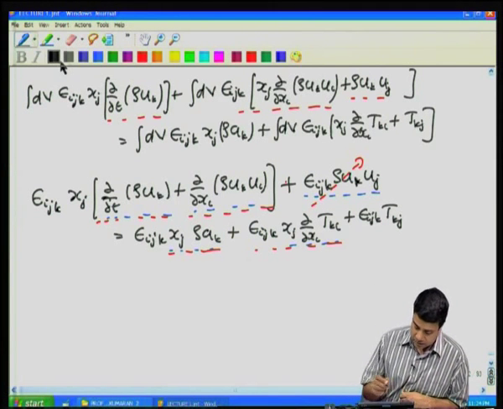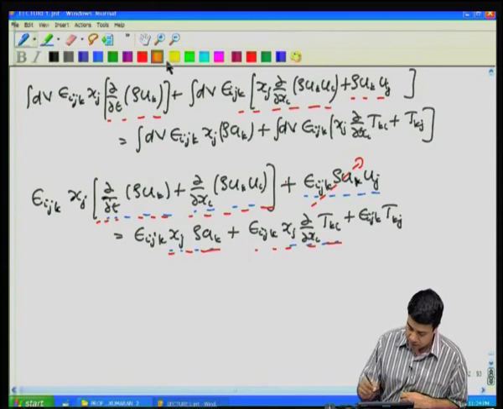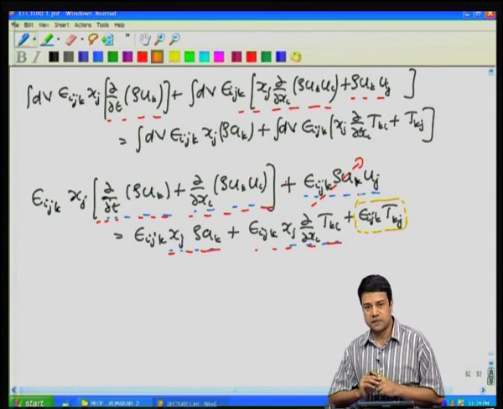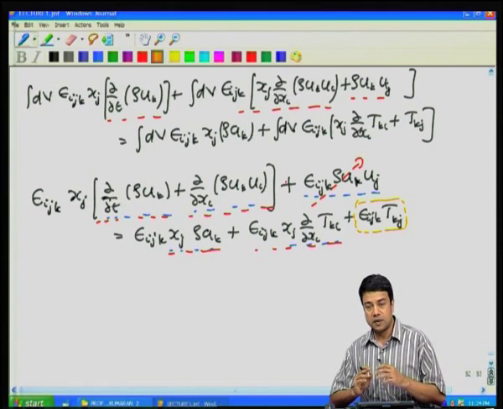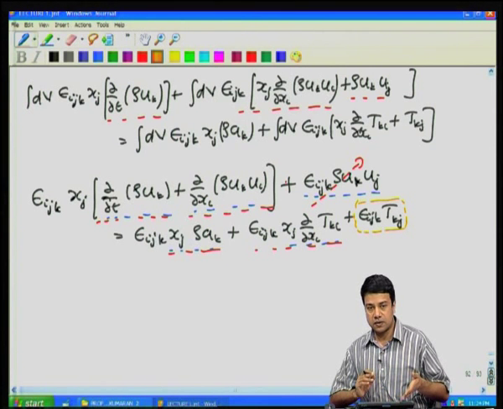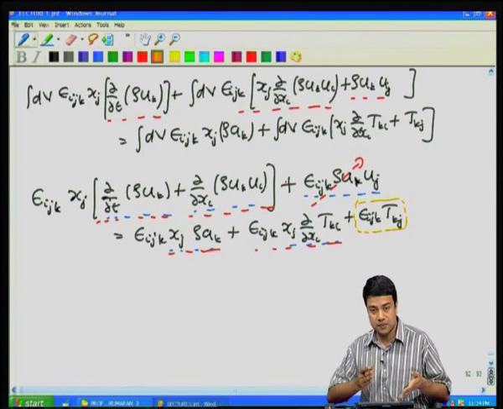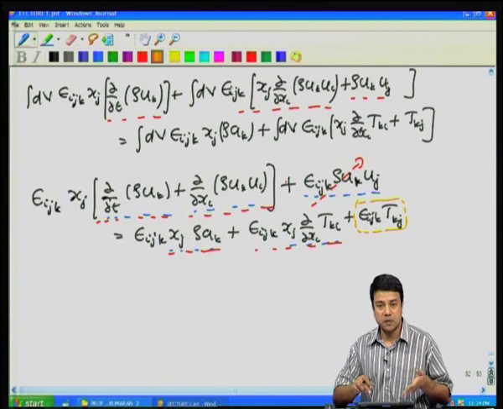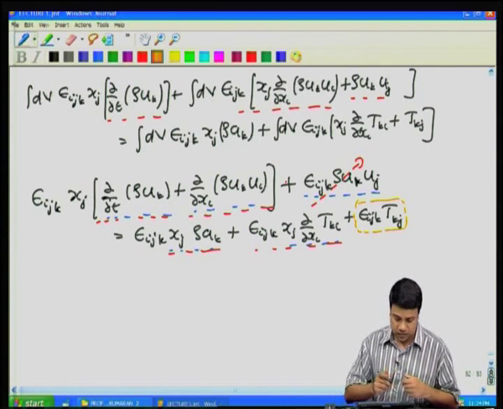What that means is that this last term here is identically equal to 0 if the momentum conservation equation is to be satisfied, because the momentum conservation equation that I just got you here is just equal to epsilon_ijk x_j times the mass conservation equation plus this additional term. The mass conservation equation itself adds up to 0. Therefore, this additional term also has to be equal to 0. Okay.